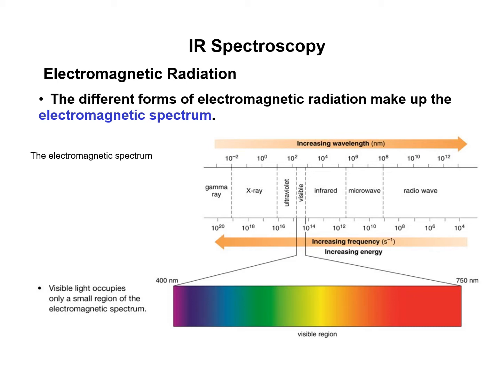Some people can see a little bit over, around 800, maybe 900, but that's the standard 400 to 750. That's a pretty standard range. And it's a very, very small range of the EM spectrum, if you notice, because this goes all the way from thousands of meters wavelength down to 10 to the negative 20 in terms of gamma rays, really, really small. So the reason we're only able to see that is pretty simple.